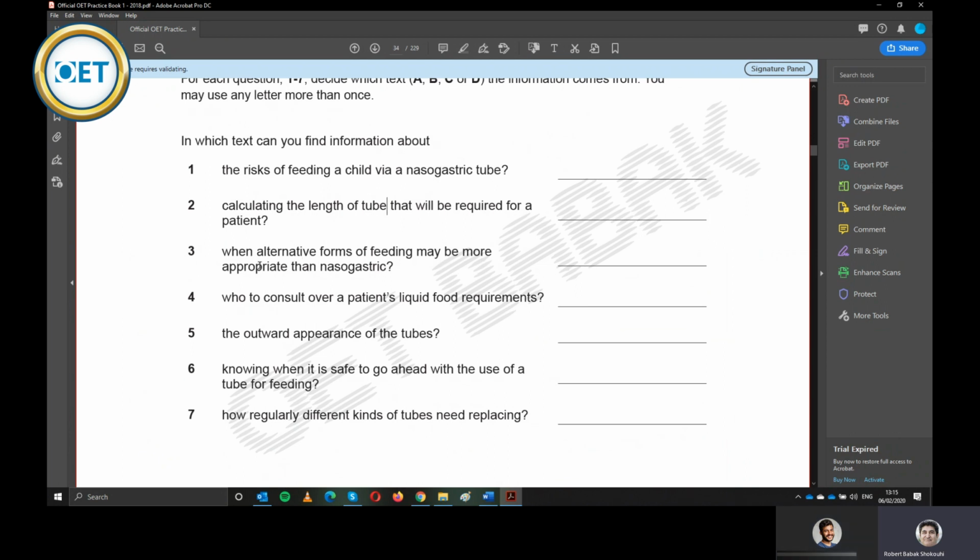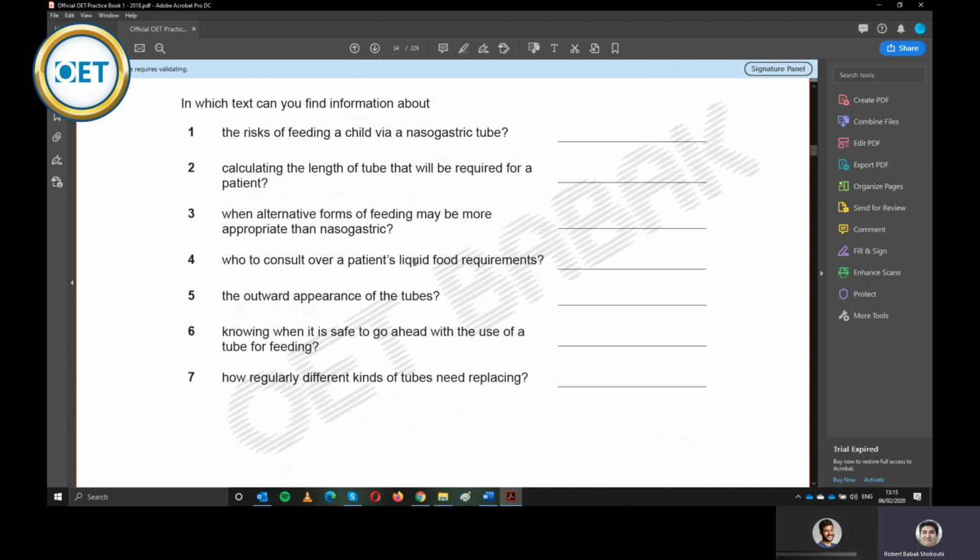Alternative forms of feeding may be more appropriate than NG. So in the indications. Yes. Probably D. Yes. Okay. So, but alternative forms. We choose this one. Who to consult over patients' liquid food requirements. Requirements. Who to consult.